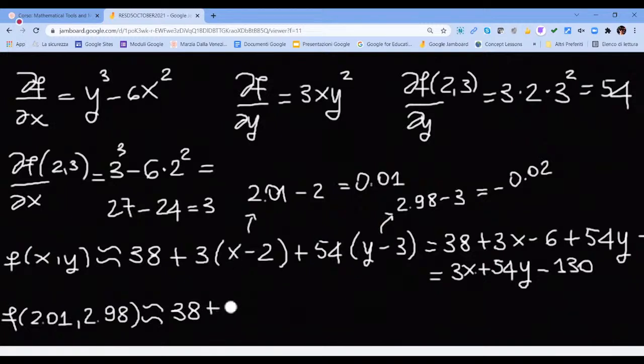We have only to compute 3 times 0.01 and 54 times minus 0.02. Okay, this is easier to compute.